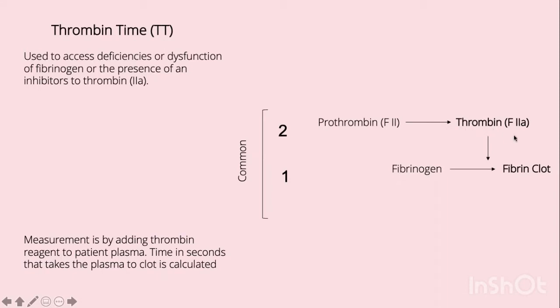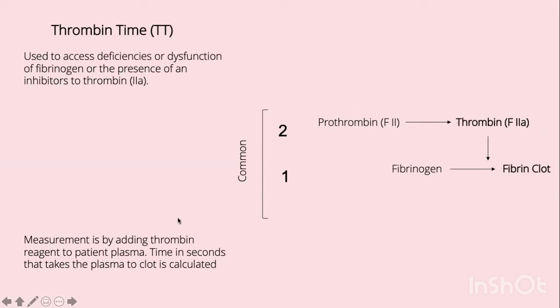The factor 2 active form will act on fibrinogen, and it will form the fibrin clot. Again, to memorize things, I'm keeping on repeating myself. This fibrin clot is the soluble fibrin clot. So the thrombin time will be used to assess deficiencies or dysfunction in the fibrinogen, or the presence of an inhibitor to the thrombin.